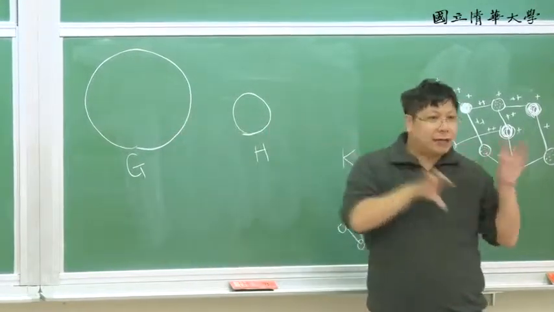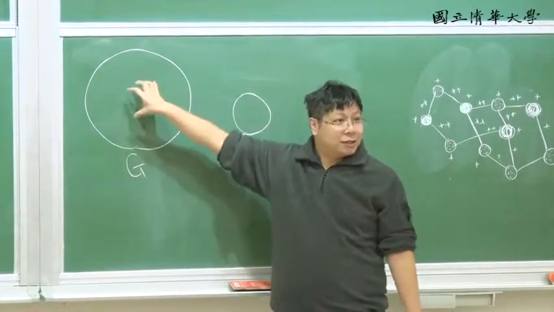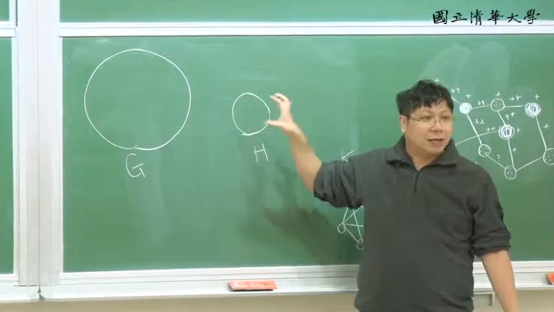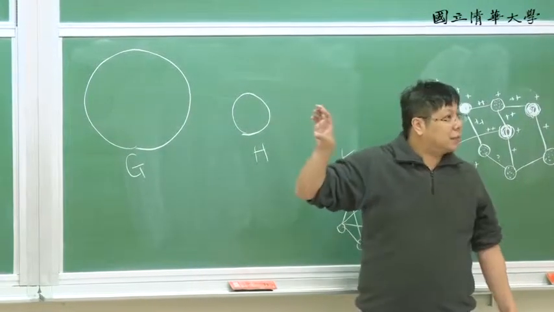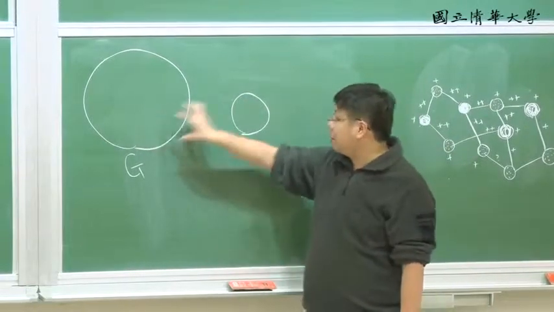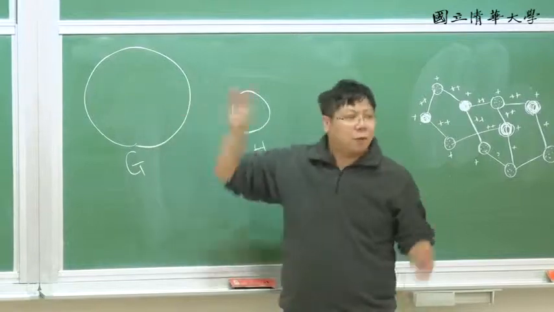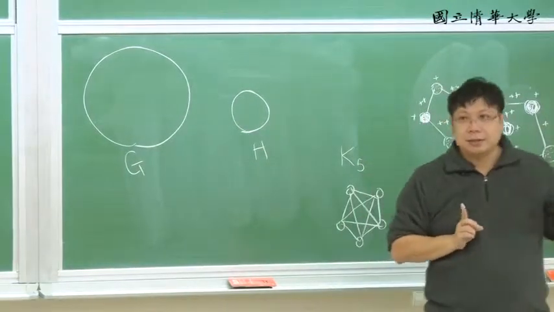So it is not exactly a one-to-one correspondence between the vertices, because G is much larger and H is much smaller. Do you understand my point? So you don't have a one-to-one correspondence between the vertices.